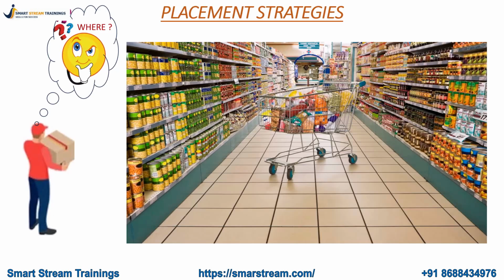So there are put away strategies to put away the product into the warehouse, and stock removal strategies. The stock removal strategies will propose the exact source bin from where you have to pick the products for outbound deliveries. So we can make the system know in which bin or which storage type we have to store the product.